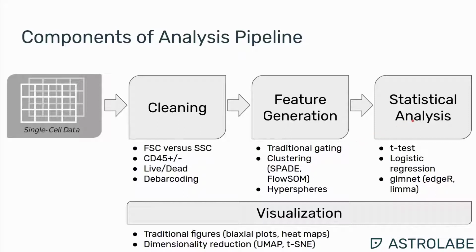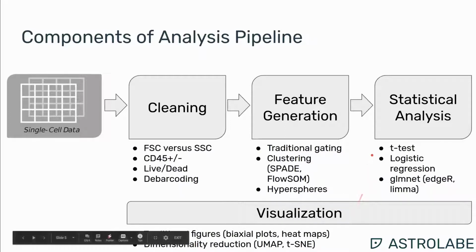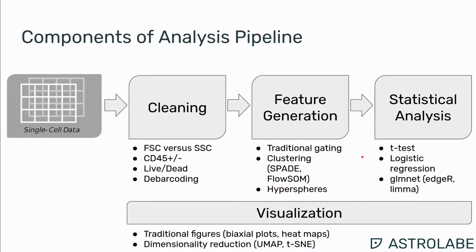And for statistical analysis, for actually bringing the experiment design to your data, you could use t-tests or logistic regression or any of the more complicated models that, for example, come with the R programming language. Finally, for visualization, you could either use traditional figures, such as biaxial plots and heat maps, or you could use dimensionality reduction, and two popular methods for that are UMAP and tSNE.